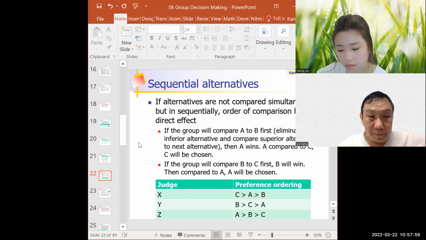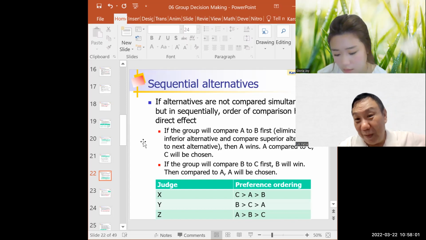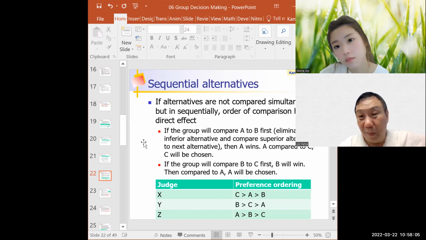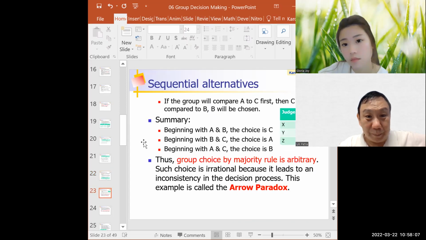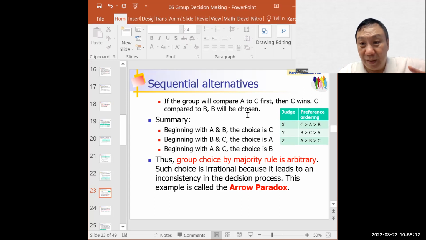So this is a very hard problem, isn't it? Because we don't know which one it is. Now if the group will compare A to C first, C will win, and then comparing C to B, B will be chosen.